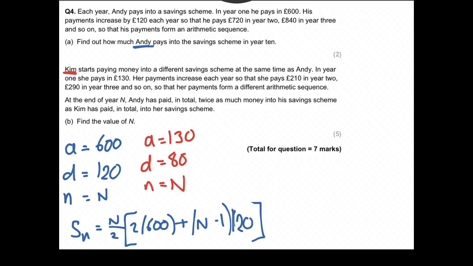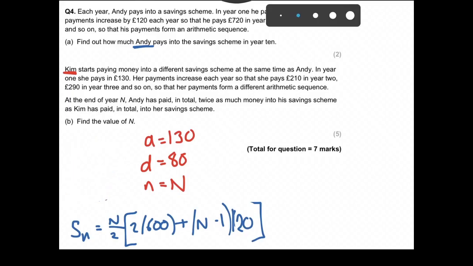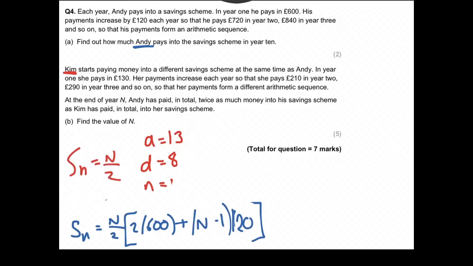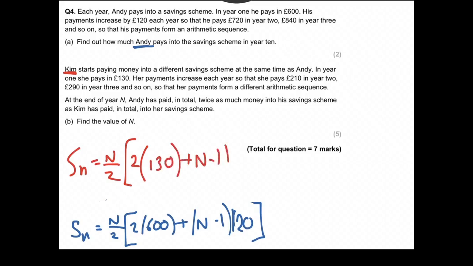Sum for Kim is going to be the same thing but with different numbers, so let's write that up here. So Sn is n over 2, 2 lots of 130 plus n minus 1 times the difference, which was 80. Okay, so at the end of year n, Andy has paid twice as much. So Andy's amount should be twice as big as Kim's amount.